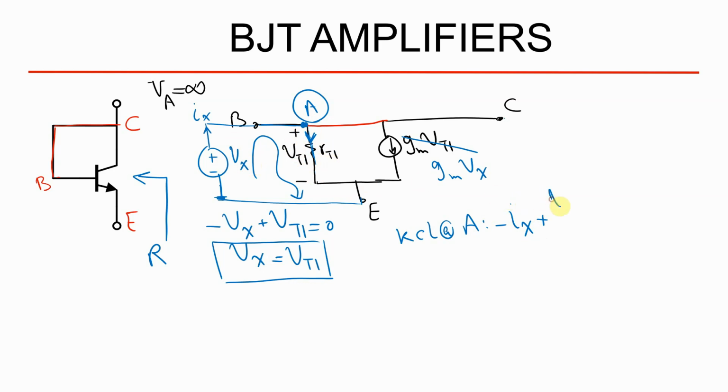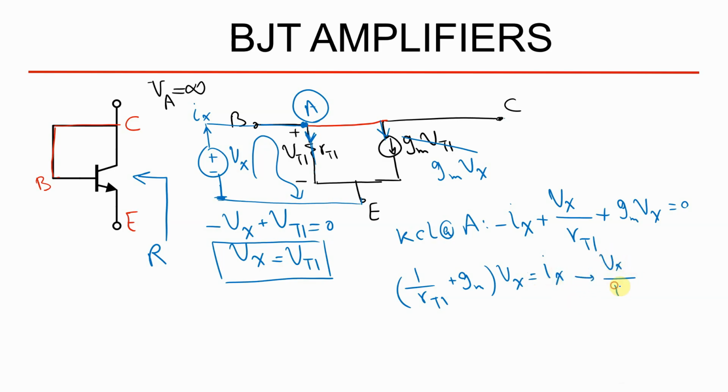So we have Vx divided by r pi plus this current here, which is gm Vx, equals 0. By some simplification, you get (1 divided by r pi plus gm) times Vx equals Ix, and now we can calculate Vx divided by Ix, which is 1 divided by (1 over r pi plus gm).